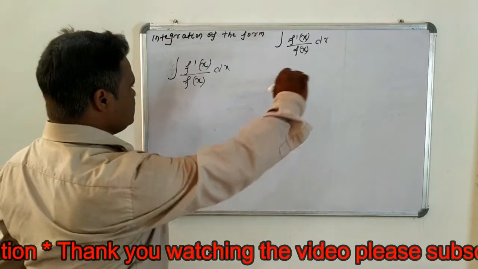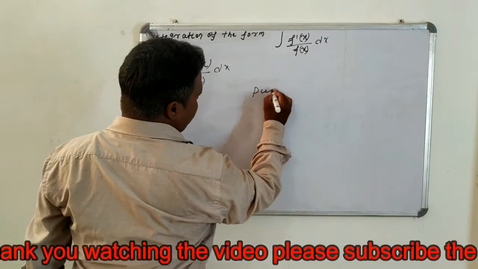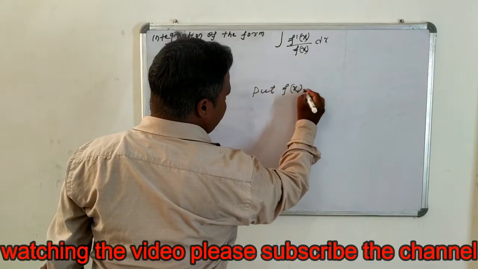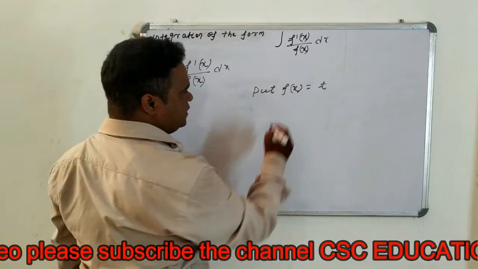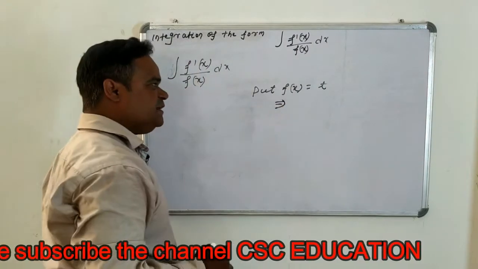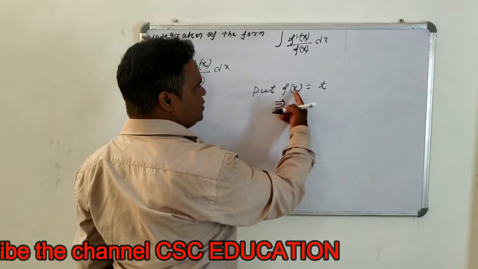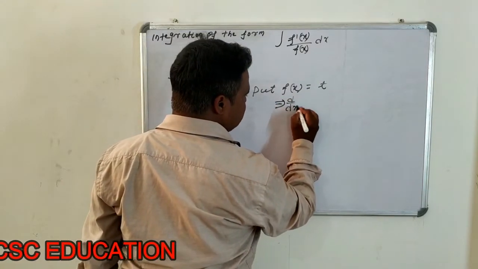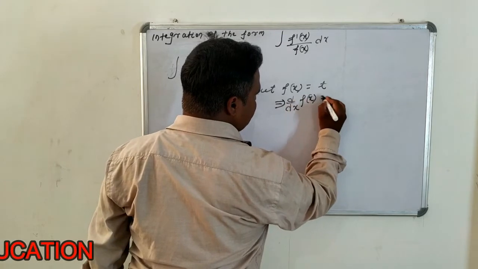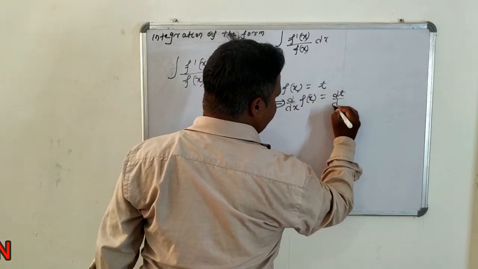Firstly, put f(x) equals t. T is a function of x, so we differentiate both sides with respect to x. d/dx of f(x) equals dt/dx.